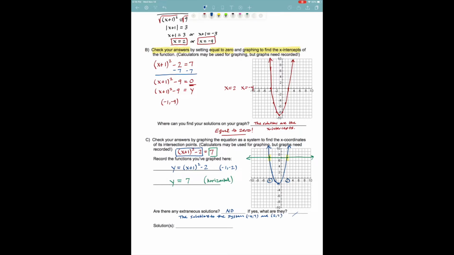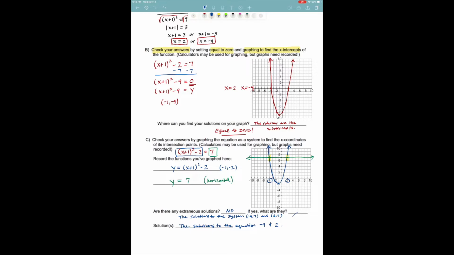However, the solutions to the equation, which is what we're actually shooting for here, are going to be negative 4 and 2. Those are the solutions to the equation.